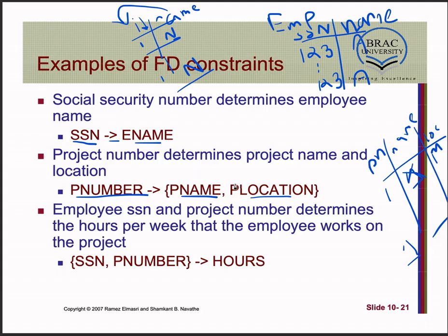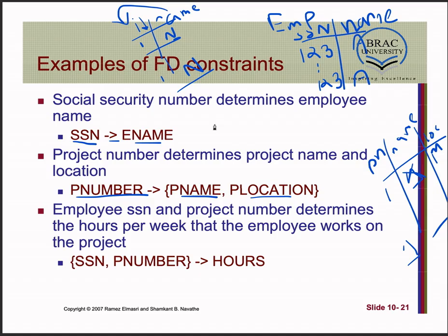However, these actually do not determine the project number. Similarly, the employee name does not determine the social security number. So this is dependent on social security number. However, social security number is not dependent on employee name, because let's say my name is Najifa. So I have an employee ID.